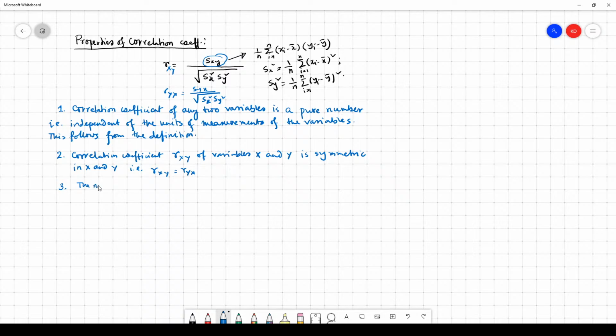The numerical value of the correlation coefficient is independent of the change of origin and scale of the variables.